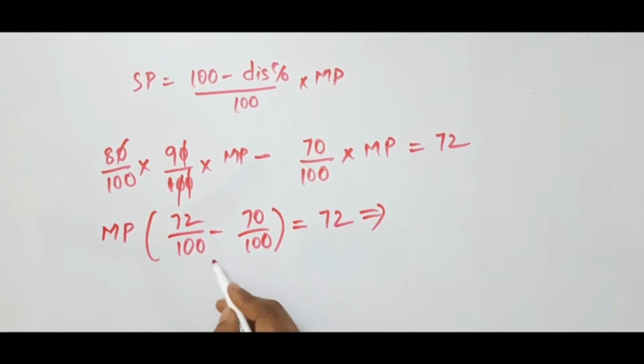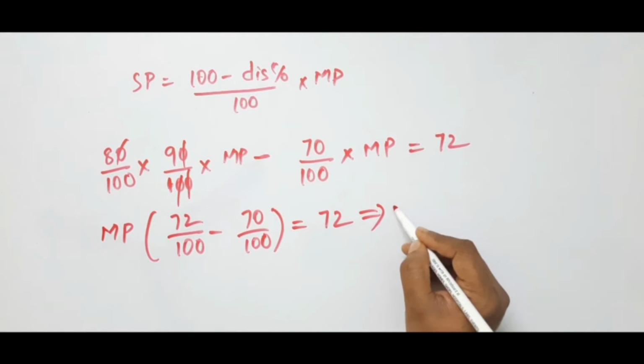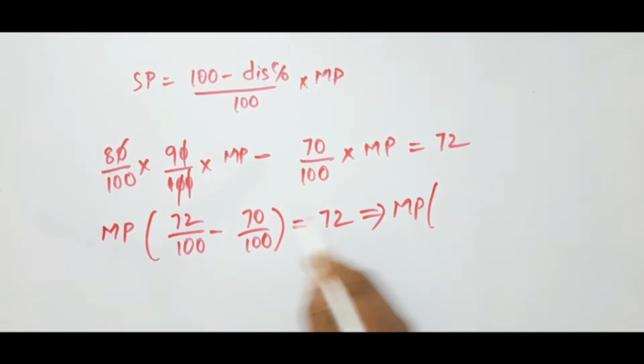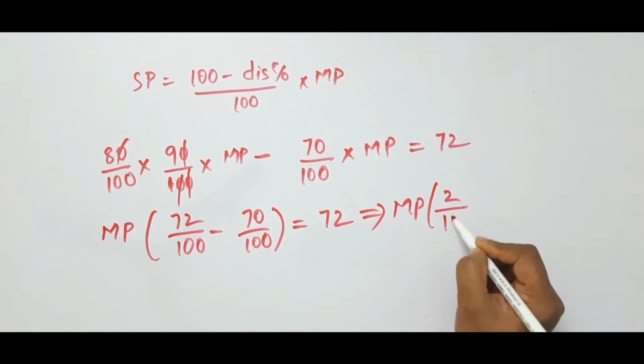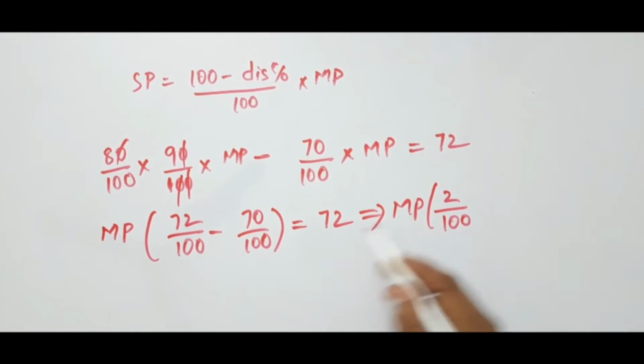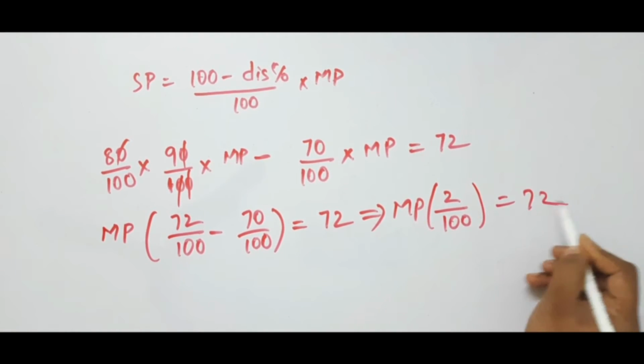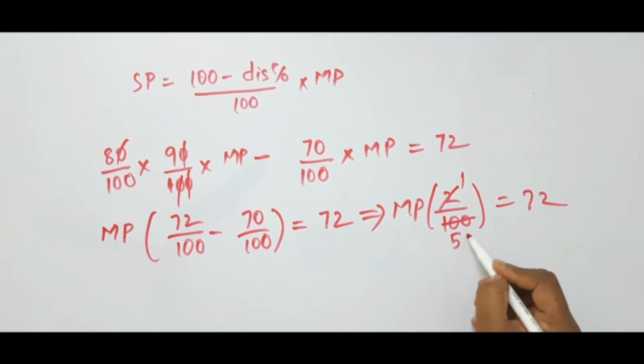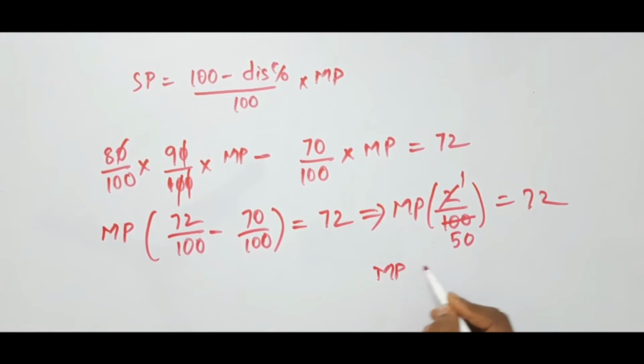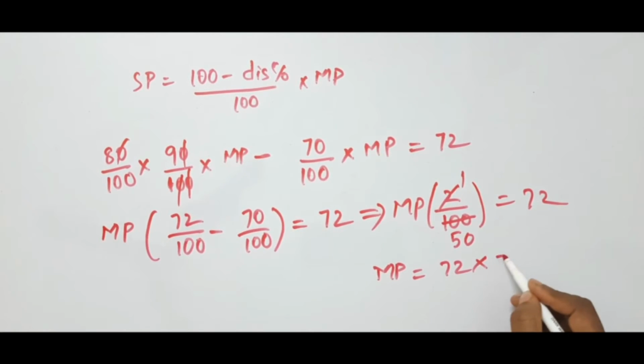As 100 is the LCM, this becomes market price into 72 minus 70, which is 2 by 100. So 72 minus 70 is 2 by 100 into market price is equal to 72. 2 ones are 2, and it is 50s. So market price is equal to 72 into 50.